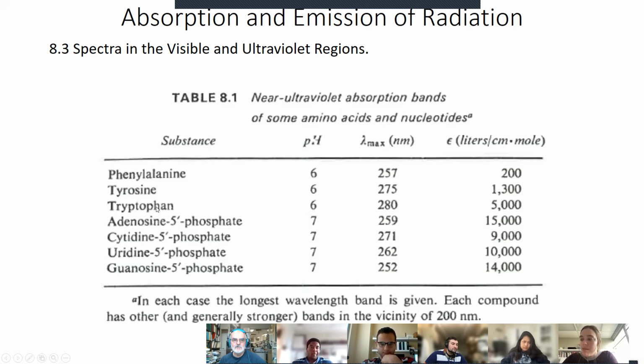So you can see that tryptophan has a max at 280. Tyrosine has a max at 275. Okay. And then all of the bases have max that are around 260. And most of you know that you look at nucleic acid around 260 and you look at protein around 280. Maybe you don't know that, but you know that now.